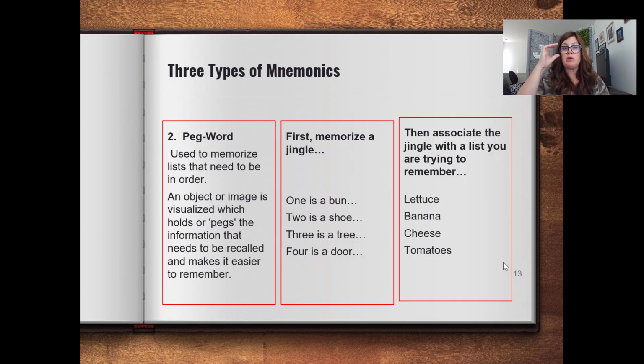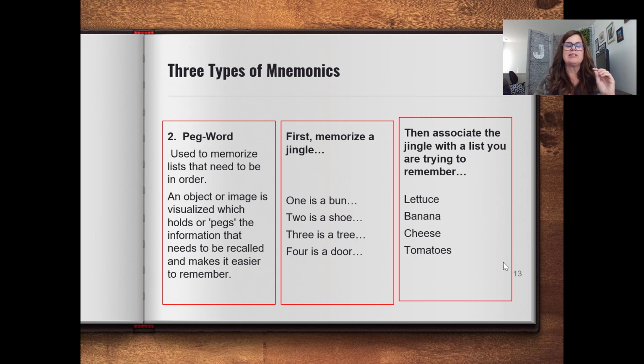The second type is what we call a peg word mnemonic. And I will be honest, for the first year I taught psychology, I didn't understand this one. I looked at the explanation and it confused me a little. And then I had somebody explain it to me. And all of a sudden, it clicked for me.